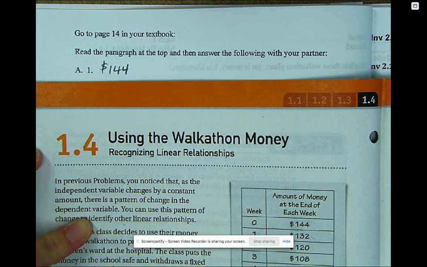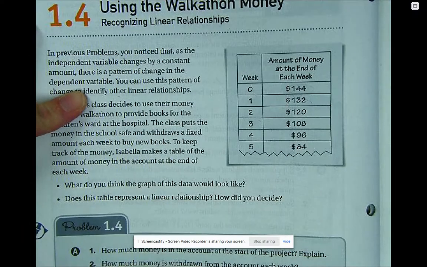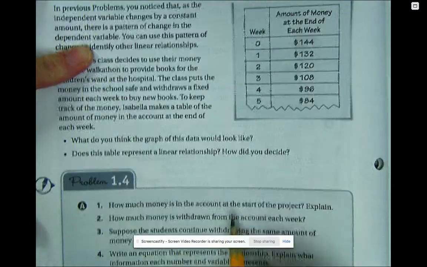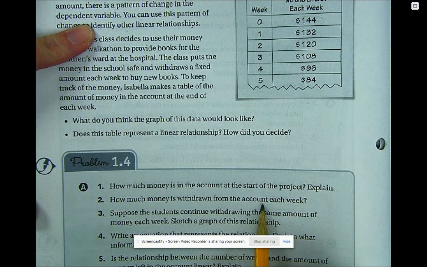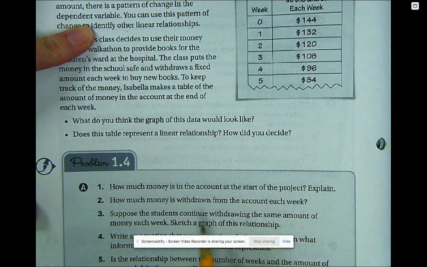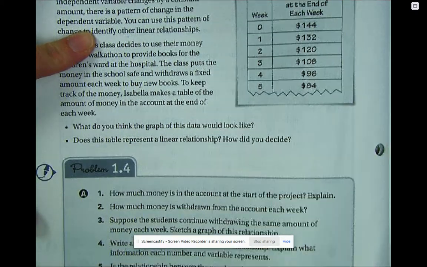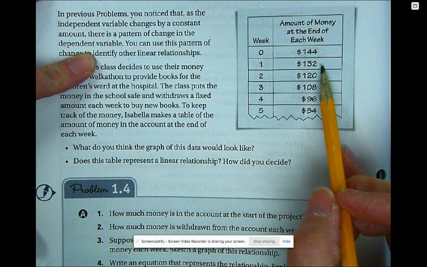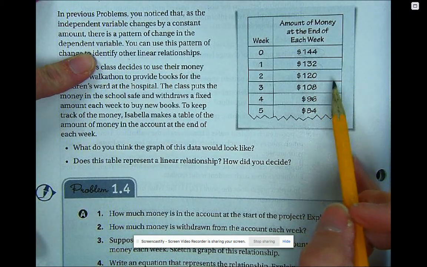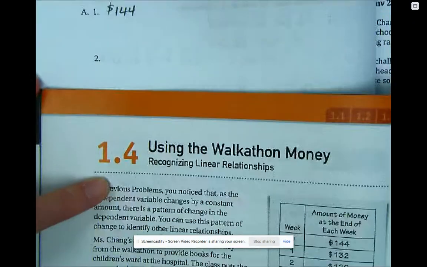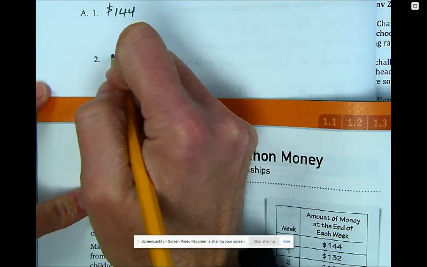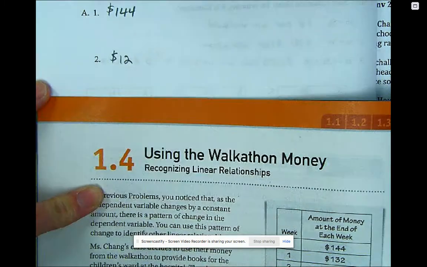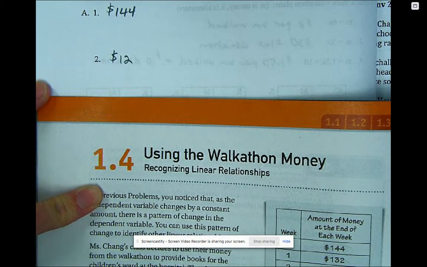Okay, so second question, how much money is being withdrawn from the account each week? Okay, withdrawn, so taken out. Okay, so we got 144, and then it goes to 132, then to 120, then 108. Okay, so did you say $12? What it's decreasing by.